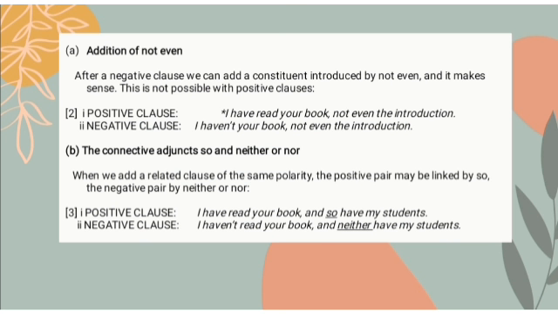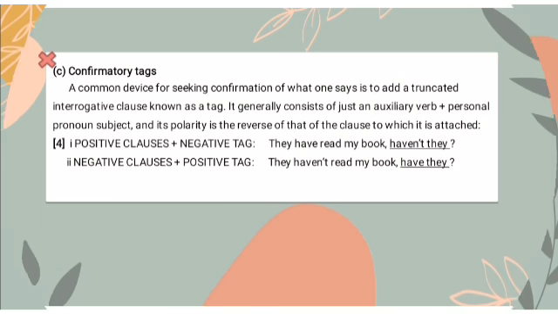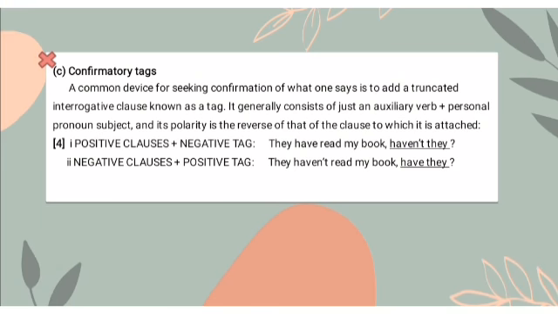So, I have read your book is a positive clause, and so is a connective adjunct for positive clause. And in B, neither is a connective adjunct for negative clause, because I haven't read your book is a negative clause. Confirmatory tag.